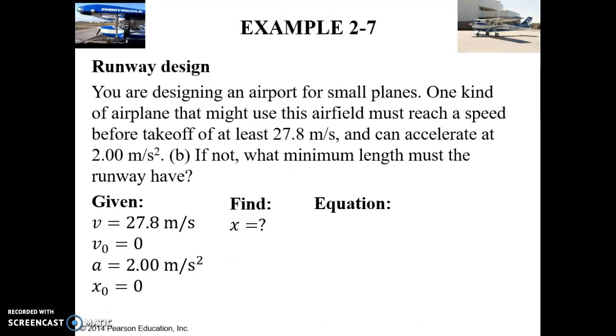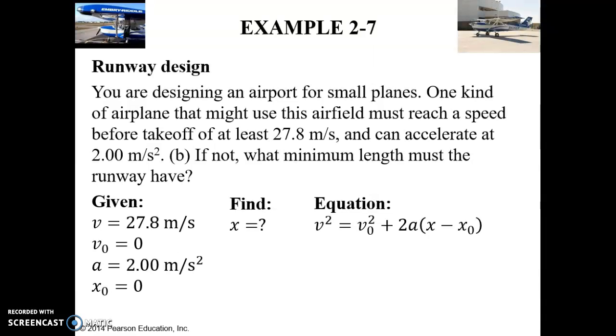Now for part B, it states, if not, what minimum length must the runway have? We have the same variables, but this time we're solving for x, the final position, or how long the runway must be. Which equation do you think best fits this scenario?